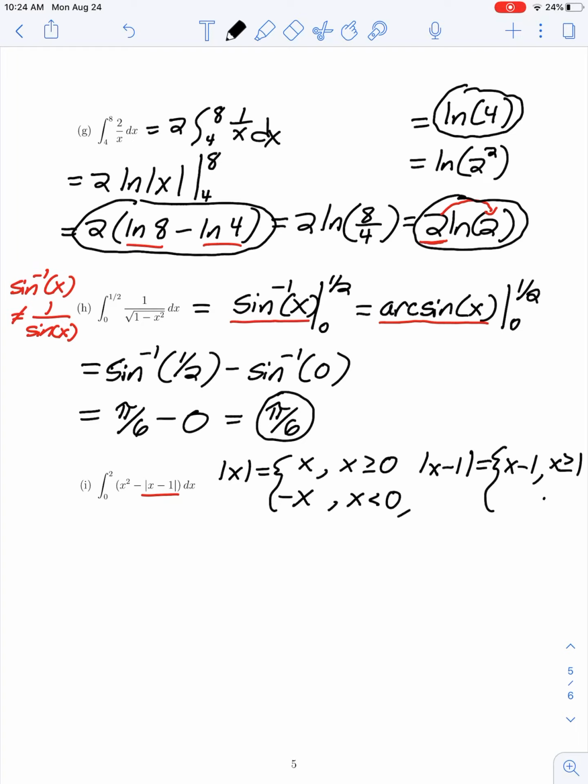Now, if x is some number less than 1, then the value that I'm taking the absolute value of, x minus 1, would be negative. So in order to take the absolute value of that negative value, I would have to take the negative of x minus 1, which would be 1 minus x.